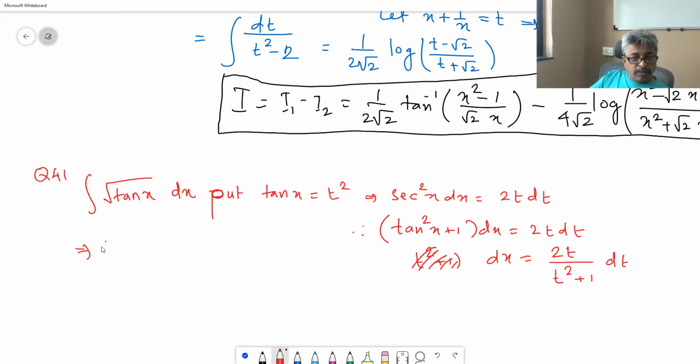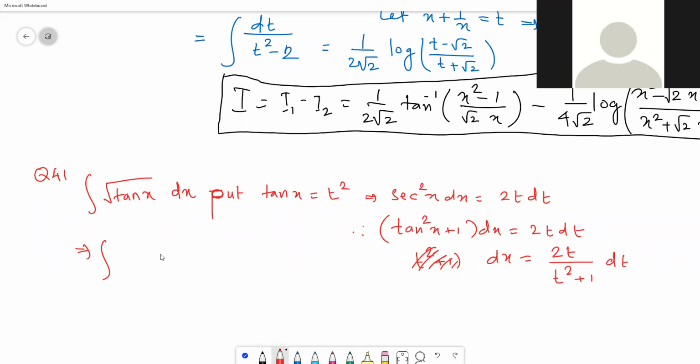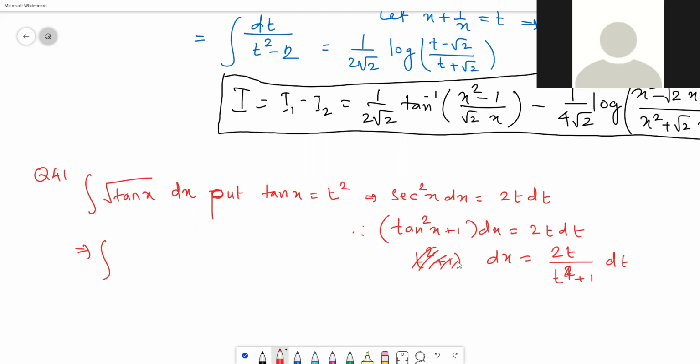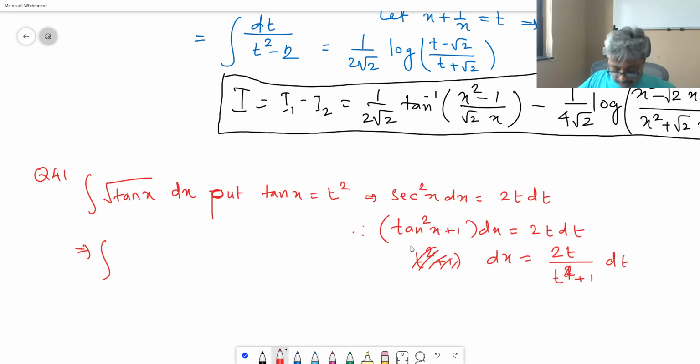So this will be t raised to 4, right? What happened, t raised to 4 is needed, no? Tan square means t raised to 4 will be there, no. So 2t upon t4 plus 1, and then you have tan x is equal to t square, radical t square is t into 2t, so this equation becomes 2t square upon the t4 plus 1 dt.